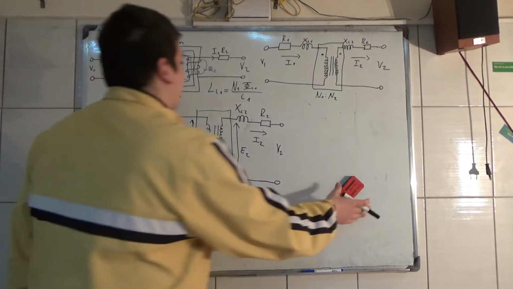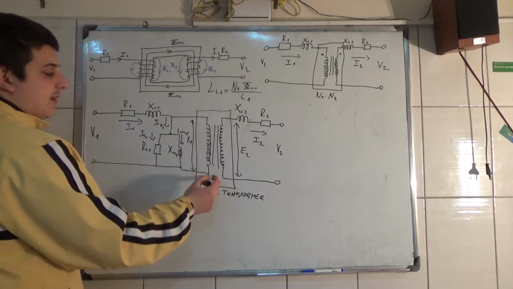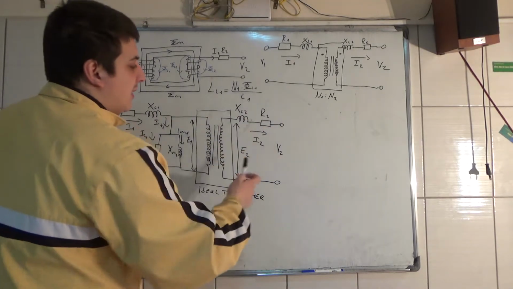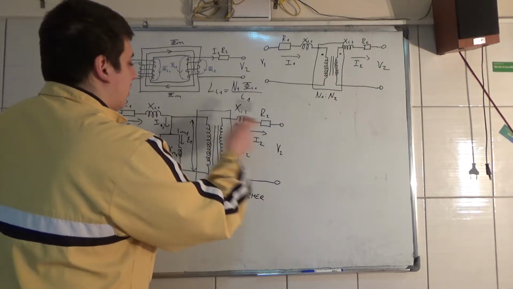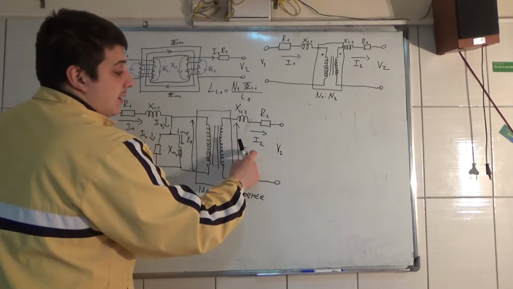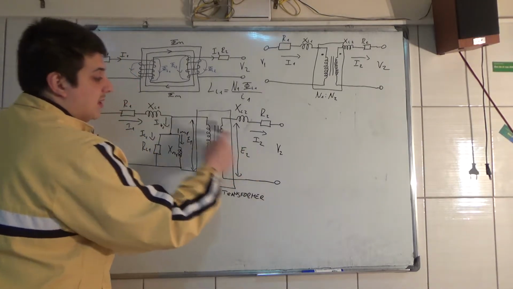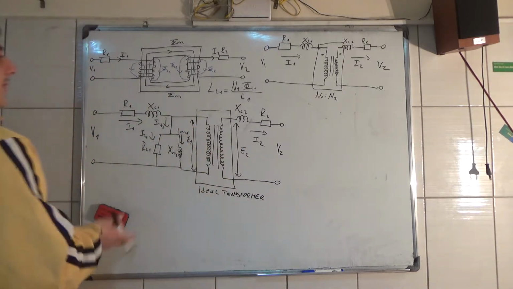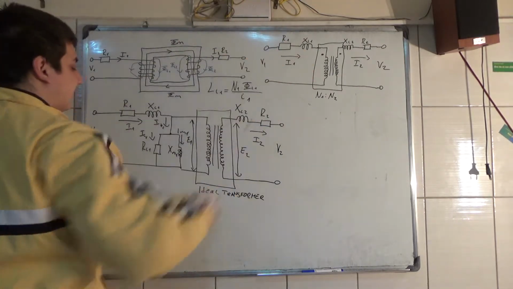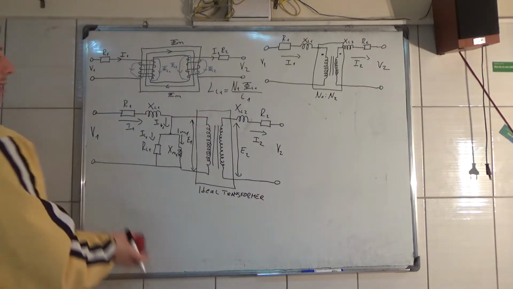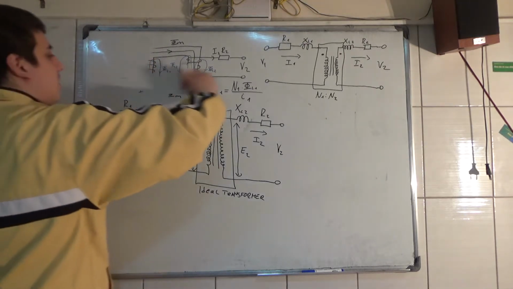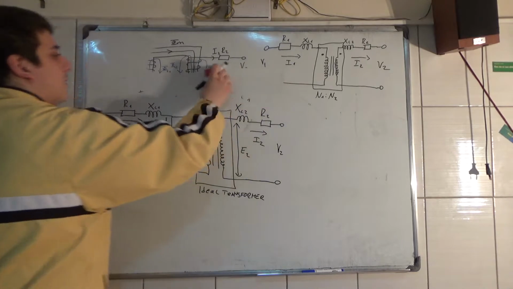And I'm going to do that by moving this ideal transformer to the right side, and we're going to do the impedance transfer from this side to this side, and we're going to do the voltage transfer from this side to this. So I'm just going to remove this here, so I will have more room to draw the equivalent circuit.